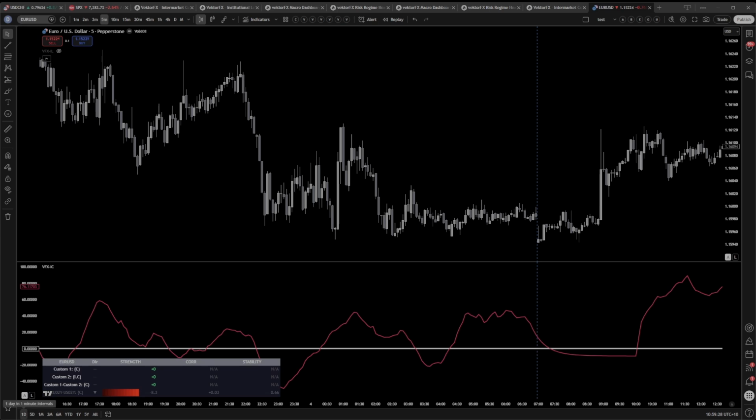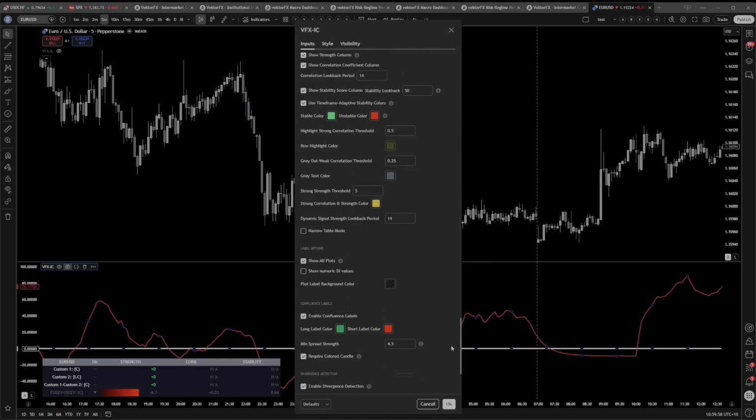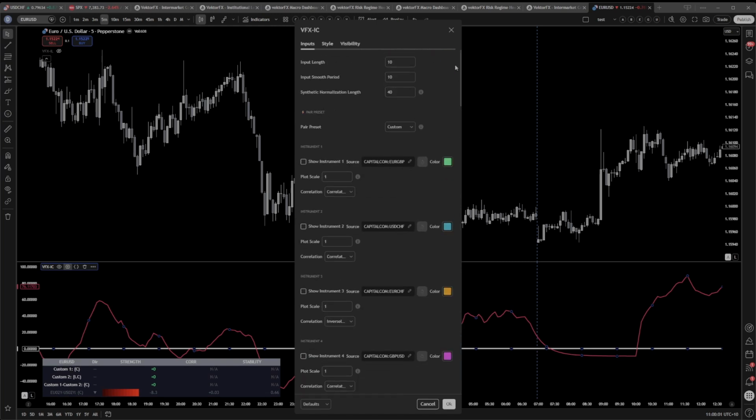Now, there are a lot of inputs for this indicator, as I'm about to show you. But what we're going to do is give a really simple example of how it works, and how we can use correlated and inversely correlated baskets to see price movement. So even though there are, as you'll see, a lot of inputs, we have currency pair presets.